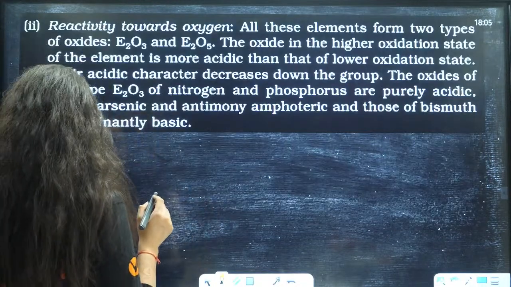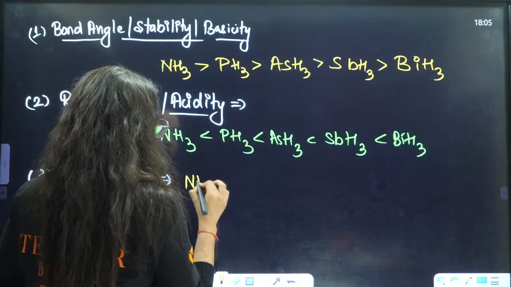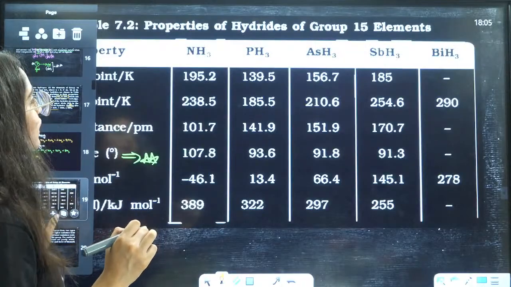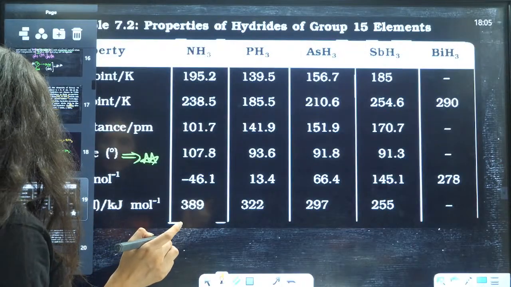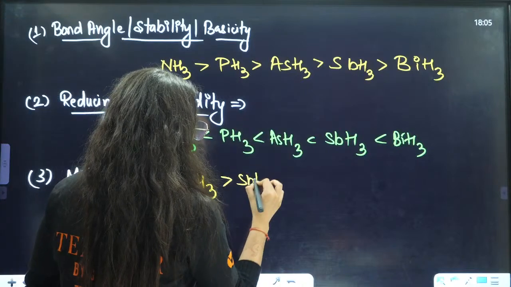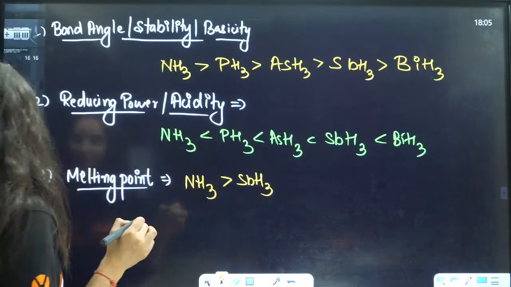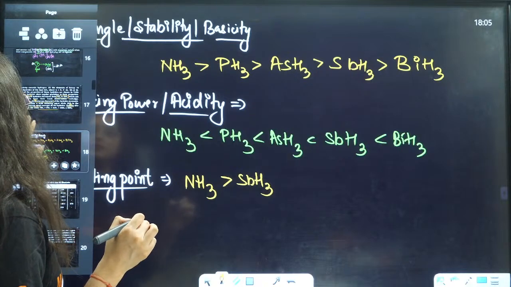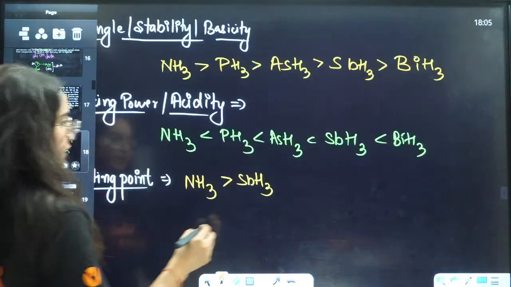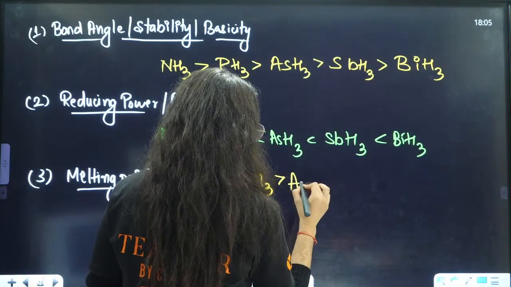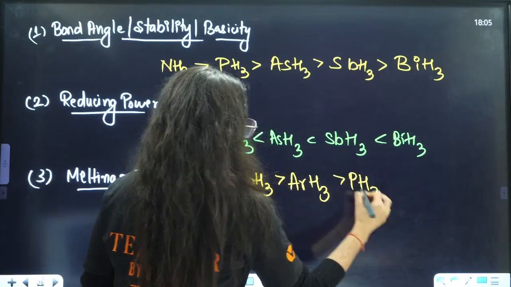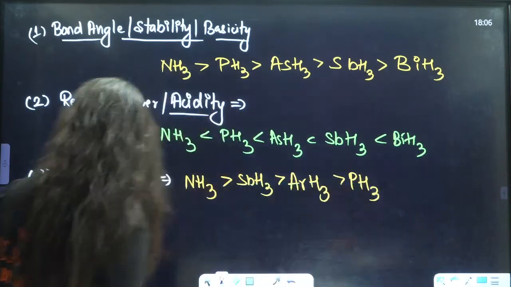Firstly, you have nitrogen, then after nitrogen you have antimony, then I think arsenic, then you have phosphorus. Now, what about the boiling point order?